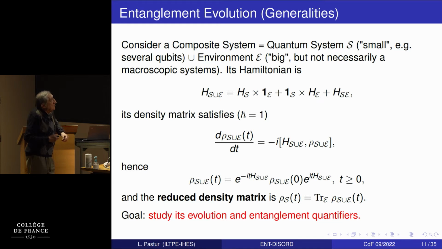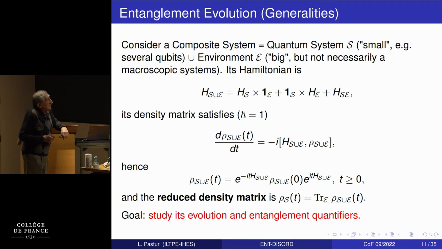This is just the commutator of your Hamiltonian and your matrix. Of course, you have to add the initial condition here, and the formal solution of this equation is written here. So you have to consider now this matrix, whose dimension is the dimension of S times the dimension of E.